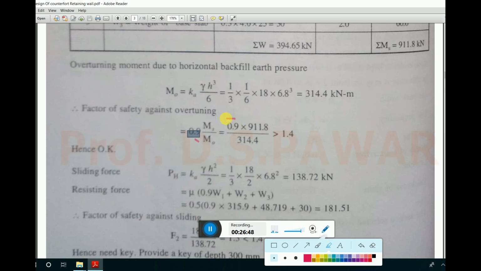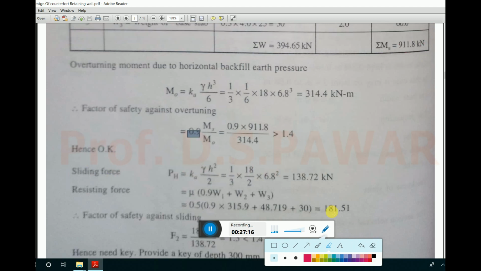That value you have to reduce by 10%, and only 90% of the value you are going to consider while checking the factor of safety. So here 0.9 into the total stability moment which you have calculated, 199.8, divided by the overturning moment. If this value is more than 1.4, you can say this structure is safe.